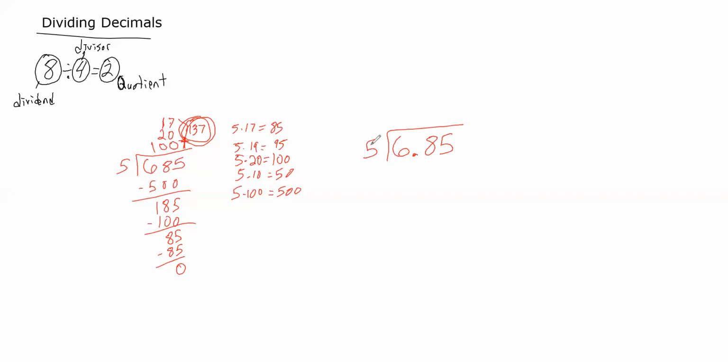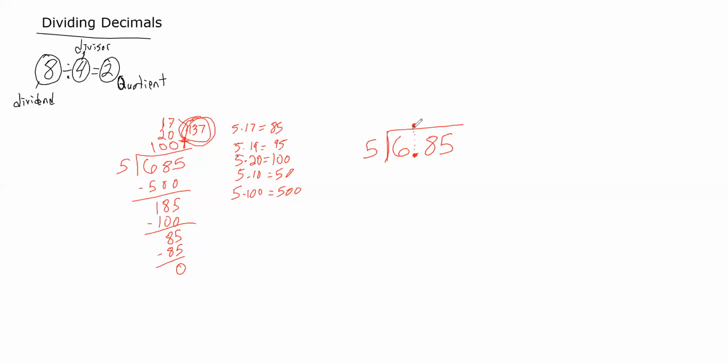So now all of a sudden I have a different problem with a decimal. So when the decimal is a dividend and your divisor is a whole number, then all you need to do is think about moving that decimal up into your quotient box in the exact same place that it is in the dividend.